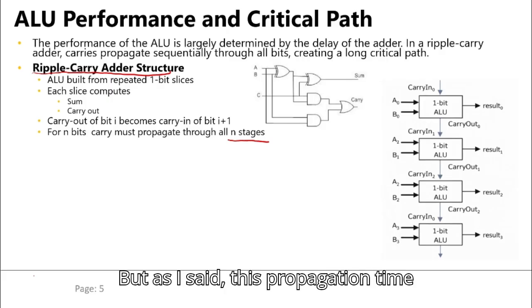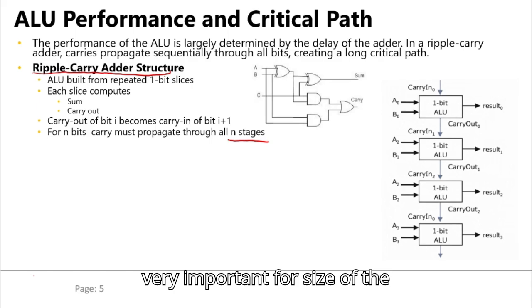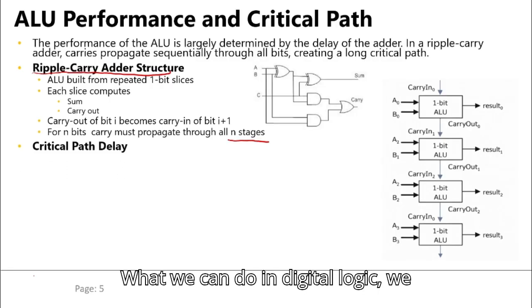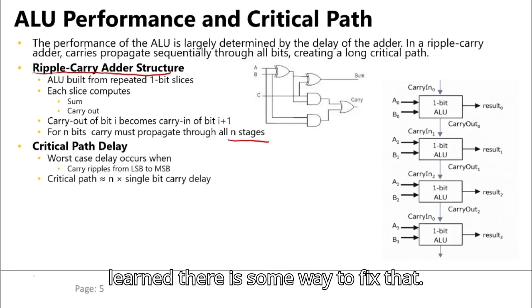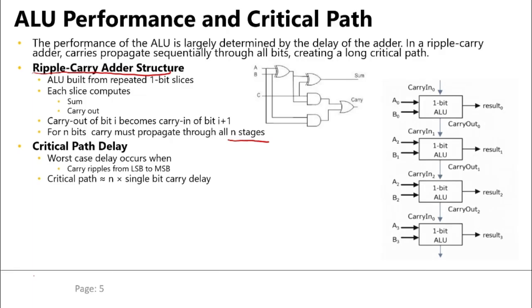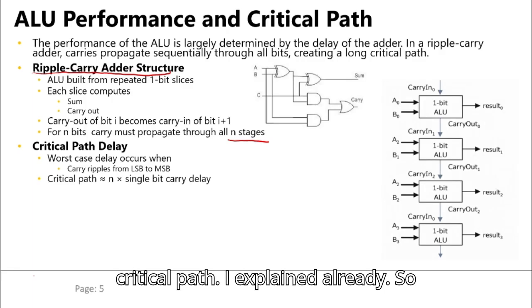But as I said, this propagation time is very important for the size of the clock cycle. What can we do? In digital logic, we learned there is some way to fix that. First of all, this is called the critical path.